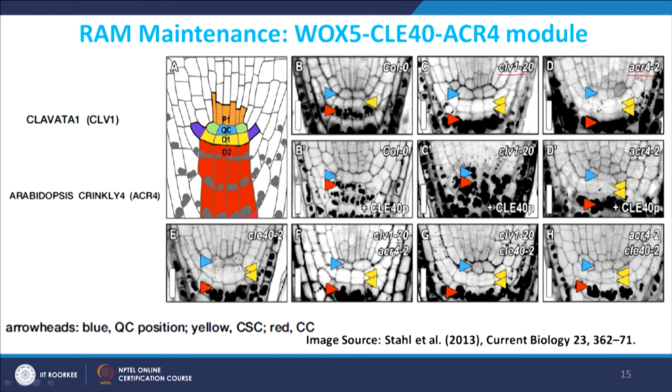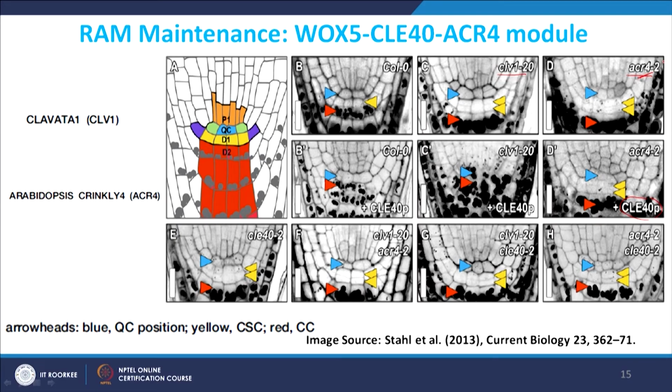Another important thing, if you treat these mutants with CLE40, in clavata 1 the phenotype is lost, in fact more differentiation has started, but if you look in the ACR4 mutant, even after CLE40 treatment there are 2 layers of columella stem cells. This suggests that they are working through the same pathway, and CLE40 is upstream of ACR4.